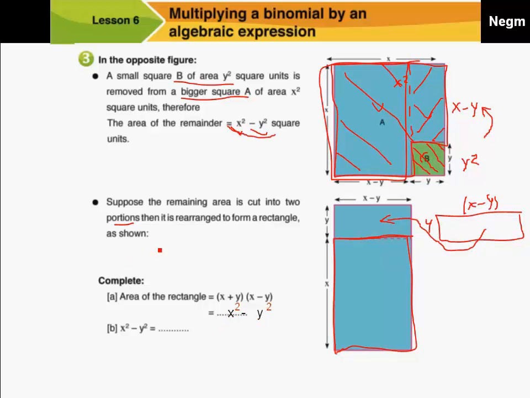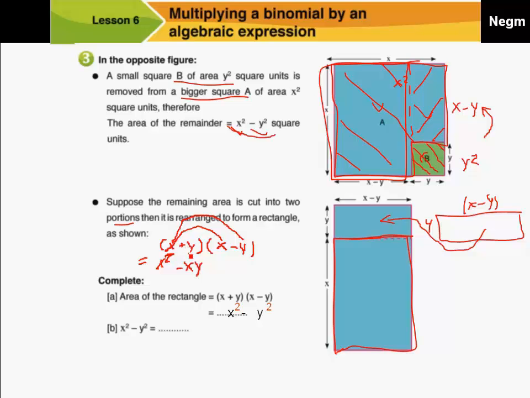So we have learned something, which is x plus y multiplied by x minus y is equal to x squared minus y squared. Because multiply x times x gives x squared. Multiply x times minus y gives minus xy.